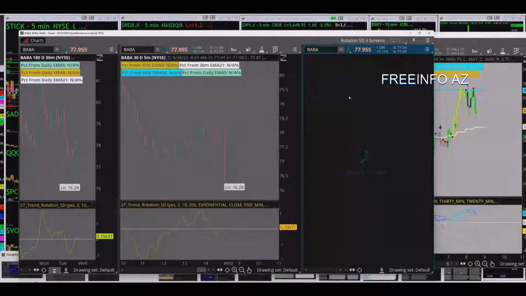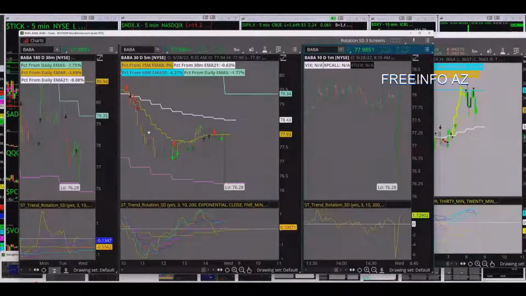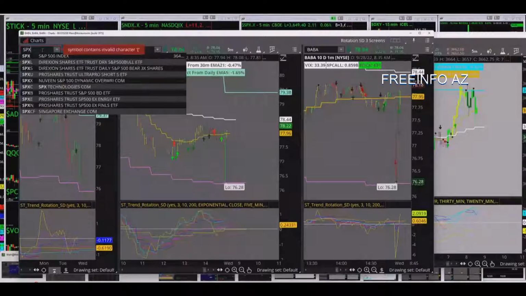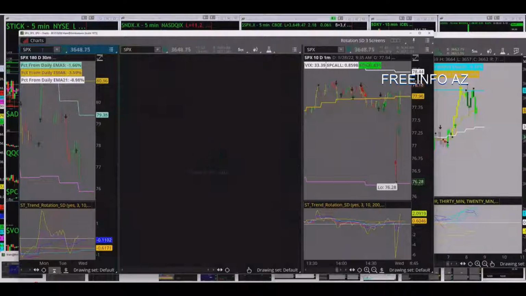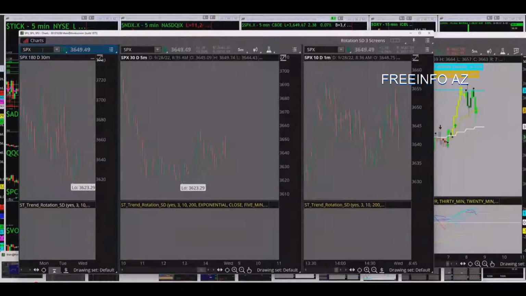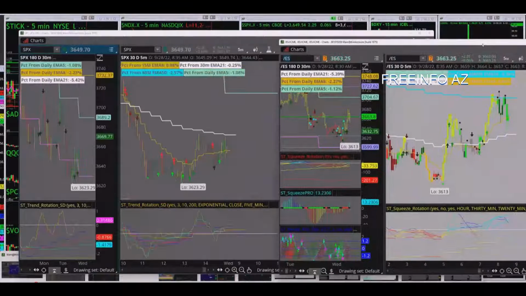So actually analyzing stocks is kind of a waste of time to that extent. Obviously there are going to be exceptions to that rule, but 95% of the time, if you analyze the S&P 500 and you get buy signals on the S&P 500 and you're looking for a stock to short-term trade, then great, go trade that stock.